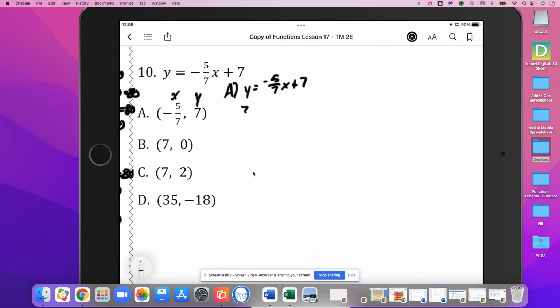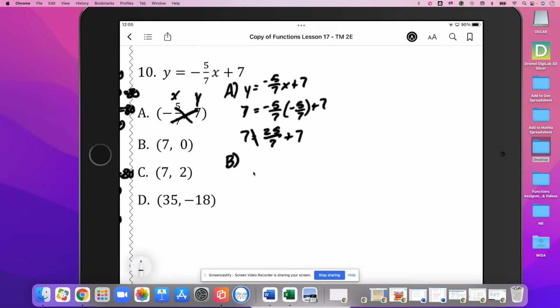And so we've got 7 is equal to negative 5/7 times negative 5/7 plus 7. We're going to get 7 is equal to positive 25/7, I don't even know what that is, plus 7. But I can see that if I'm adding something to 7, it's not going to be the same as 7. So that is not going to work.